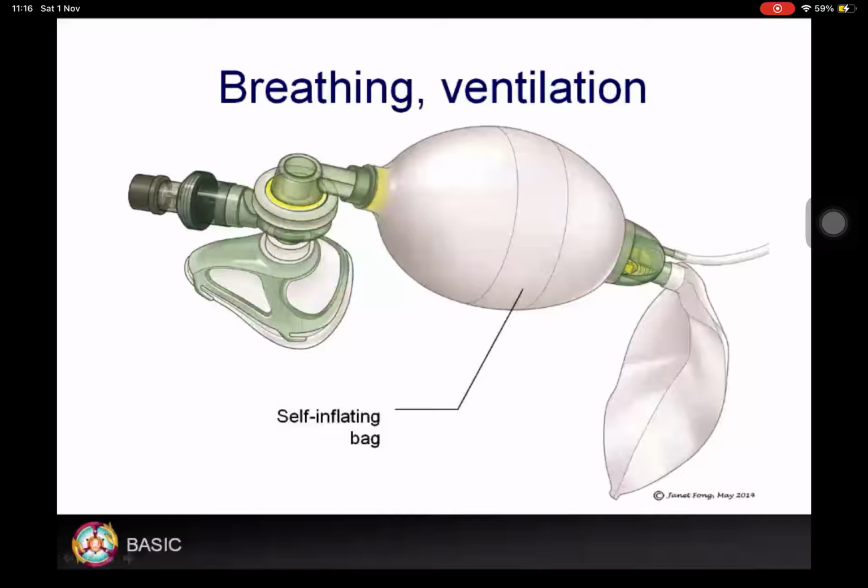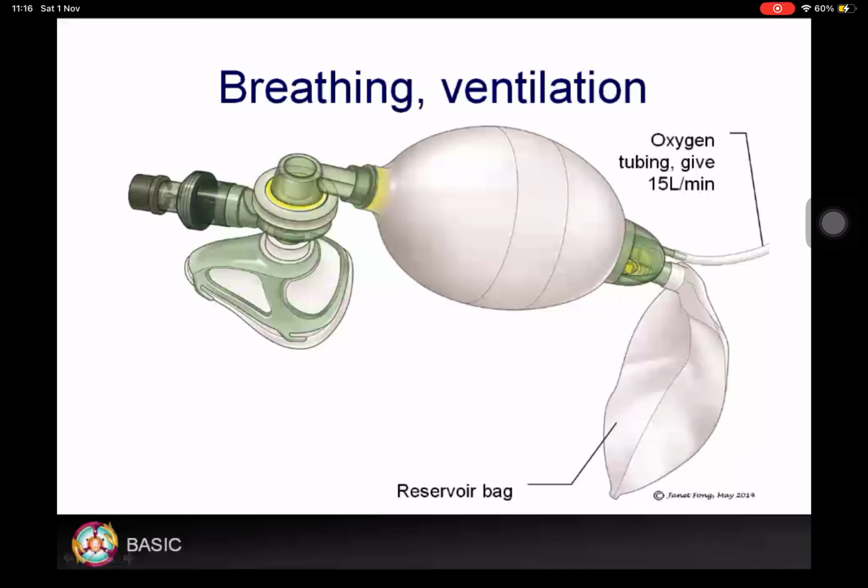At the distal end of the bag is a one-way valve, which allows oxygen to pass into the self-inflating bag, but prevents backward flow of gas when the bag is squeezed. Beyond the valve is an oxygen inlet and a reservoir bag. The oxygen flow rate is typically set at 15 liters per minute. Check that the reservoir bag inflates.